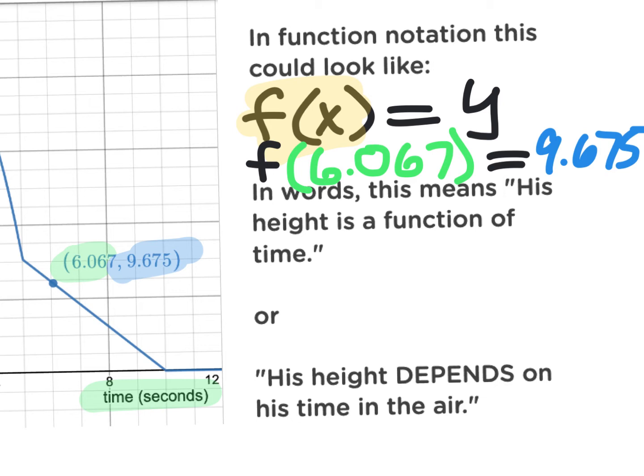So instead of writing the X, you replace it with the number for the X variable, and instead of the Y, you replace it with the number that represents the Y. So if you were to say this function notation out loud, what it means is his height depends on how long he's in the air, is basically what it means. Or his height is a function of time. It means his height depends on his time. It's just another way of saying the same crap.